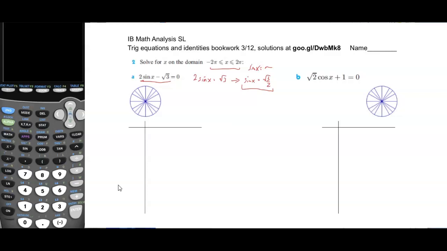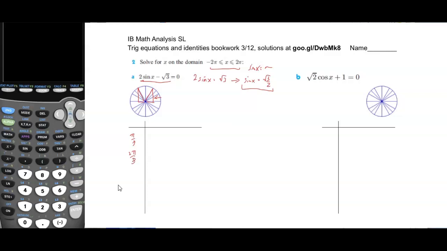We know that there is a solution for sine of square root of 3 over 2 here and here, right? So the first triangle is going to be pi over 3, and the second triangle is going to be 2 pi over 3.